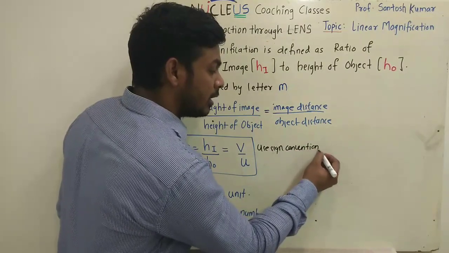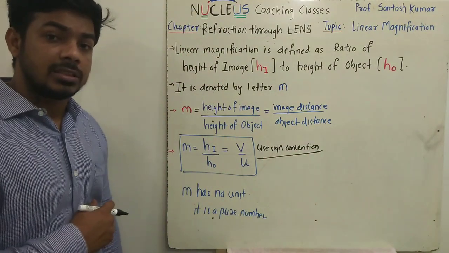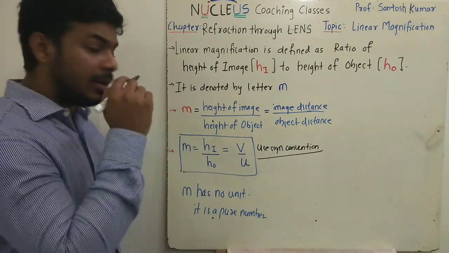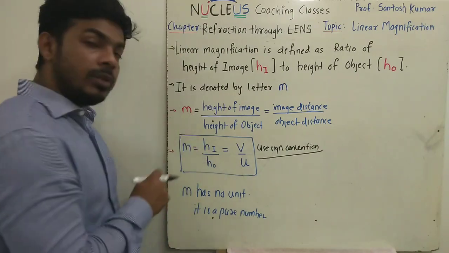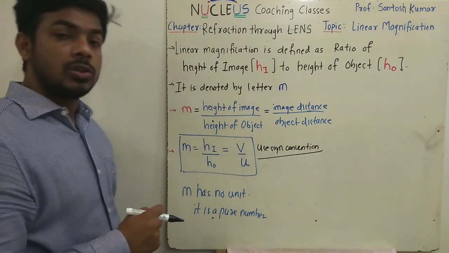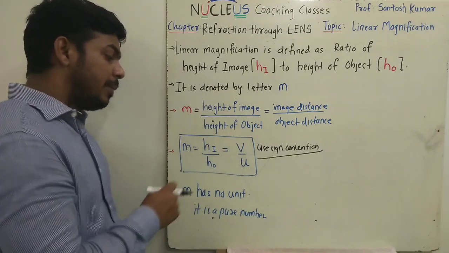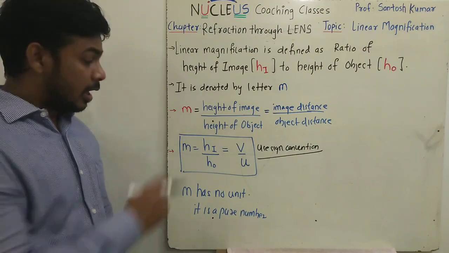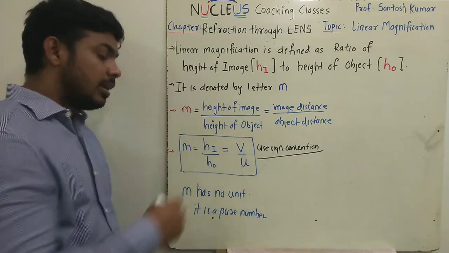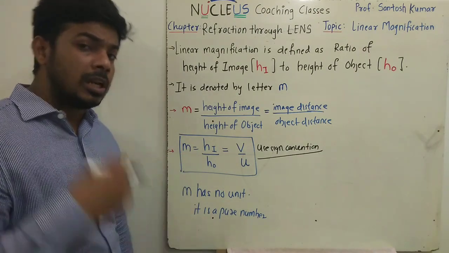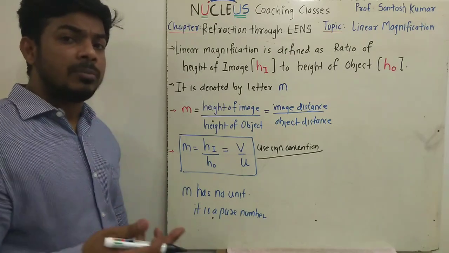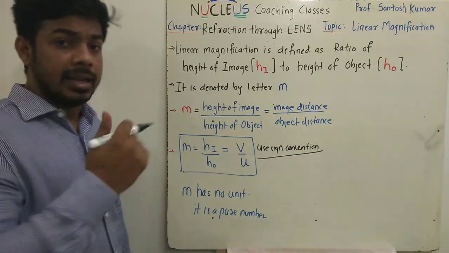Whenever you are calculating linear magnification, the sign convention is very important. Using the sign convention, the magnification can be positive or negative, and the value of the magnification can be greater or less than 1.